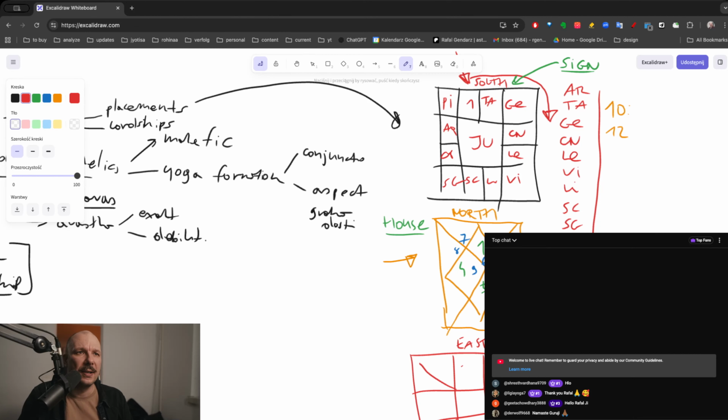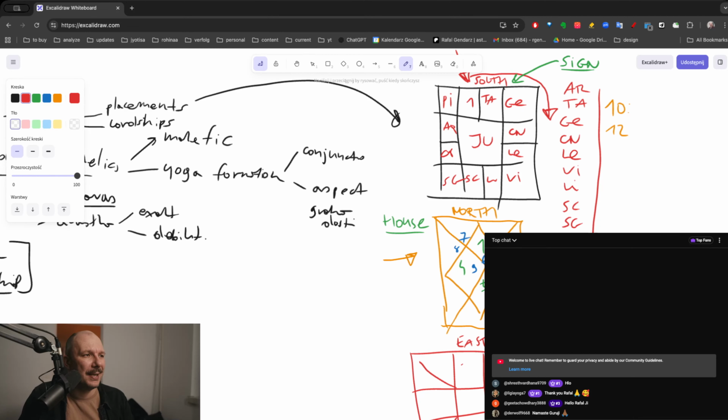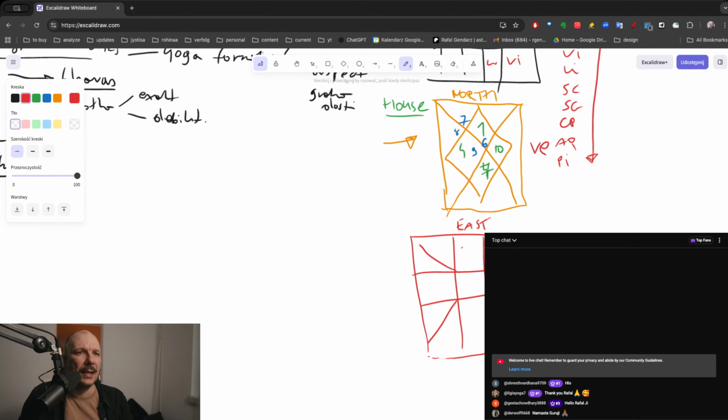So each chart will be loaded by some planet. And this Eastern chart is also God-centric or nature-centric, because the signs are always in the same places.